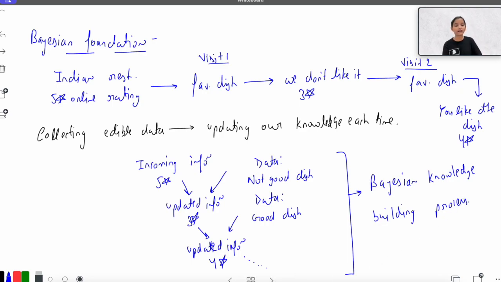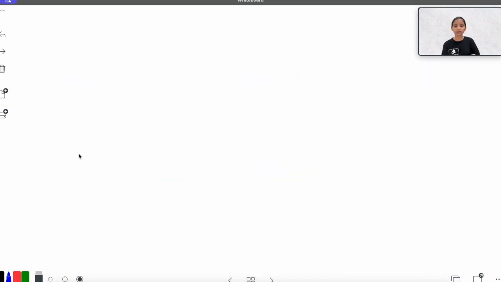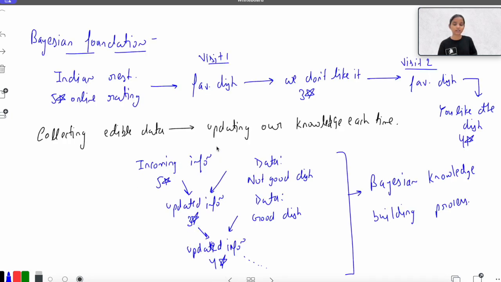Now we can apply this same scenario that we did in the example of the restaurant when we are doing research. So let's say you are doing any kind of research, in these types of problems you have prior information, initial information, that you have seen.